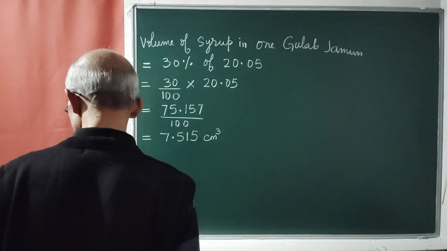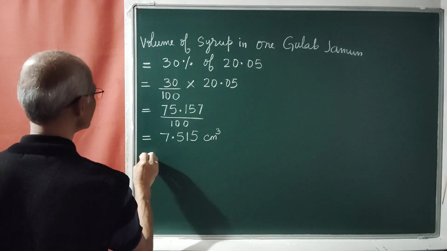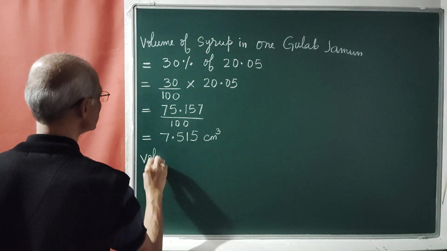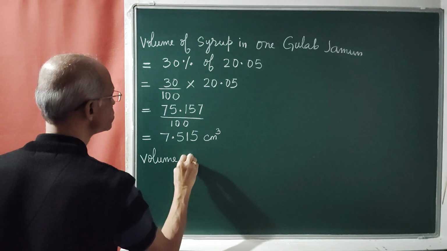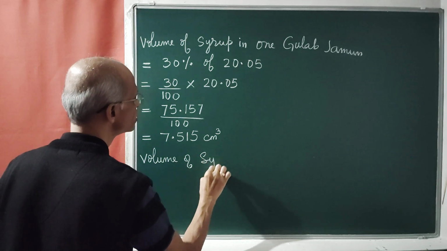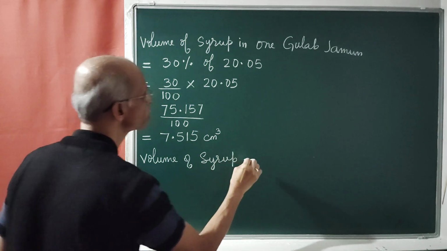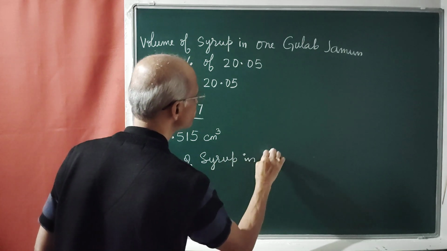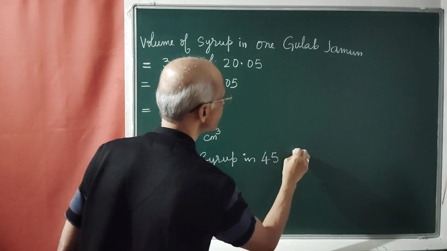Now we will find out the volume of syrup in 45 gulab jamuns.